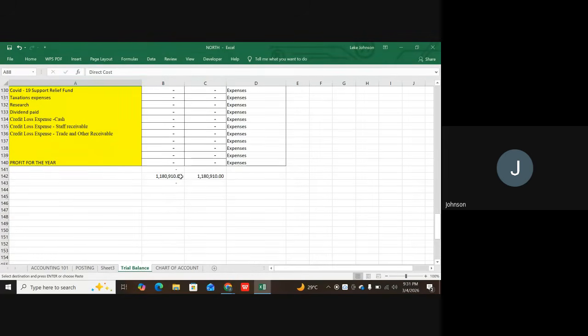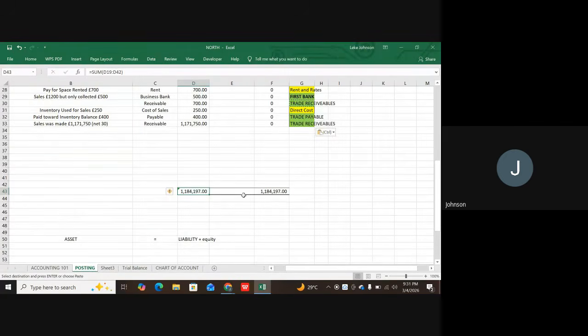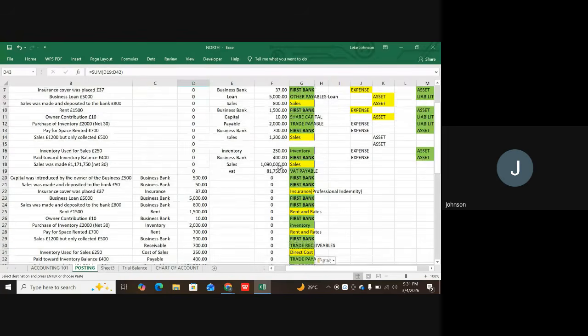You discover that it's not actually the same amount with what we have over here. The reason is because there are certain transactions that happen on the left as well as on the right. For instance, inventory is here, inventory is also here. So it's going to do a plus and minus, and the net amount is what is going to capture.